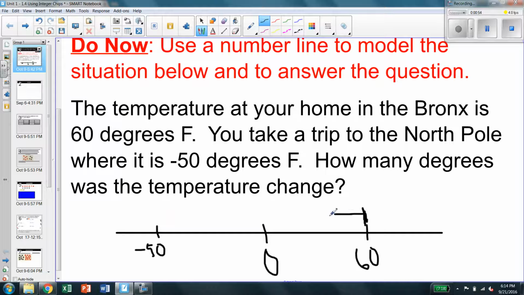Well, from here to 0 is 60, and from 0 to negative 50 is 50. So what's the total distance from here all the way to here? Well, 60 and 50 together make 110. So the temperature change was 110 degrees Fahrenheit.